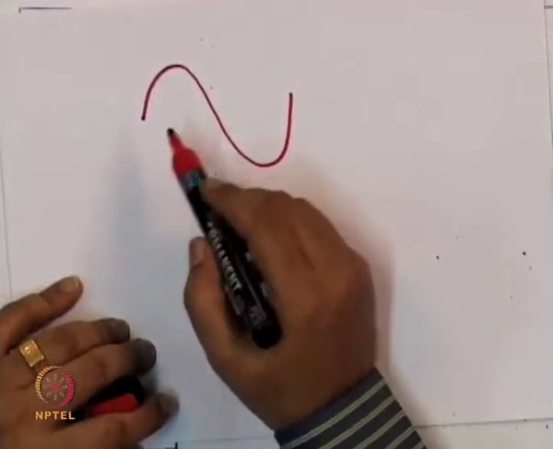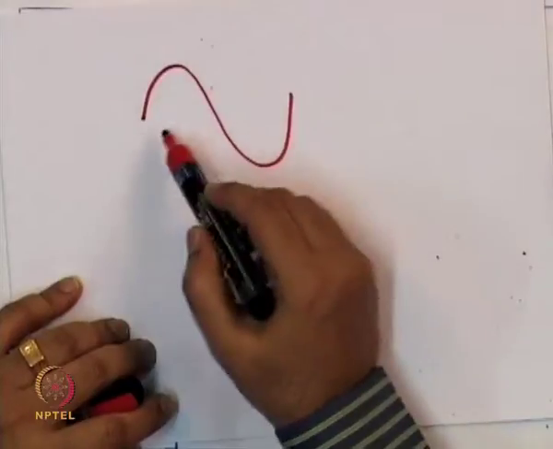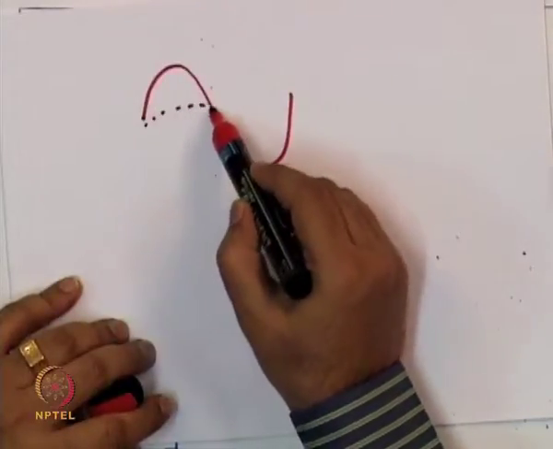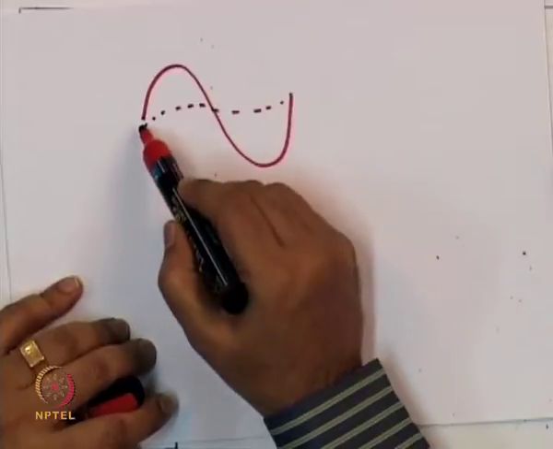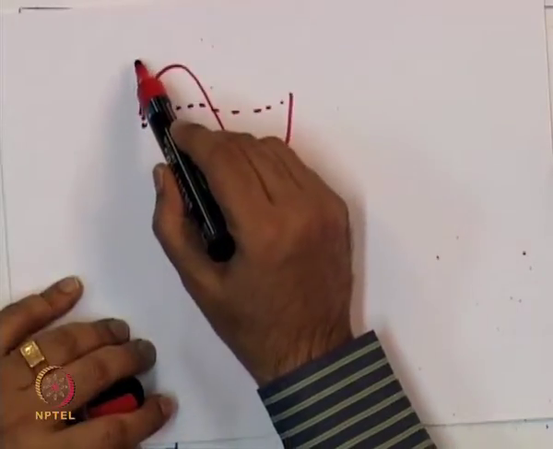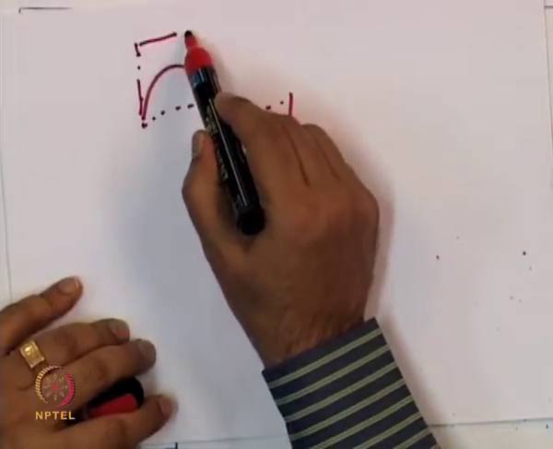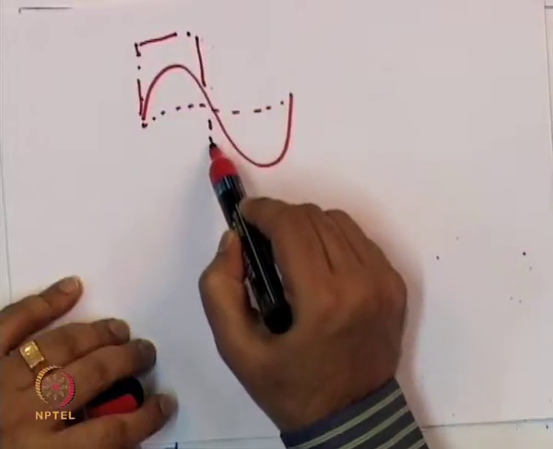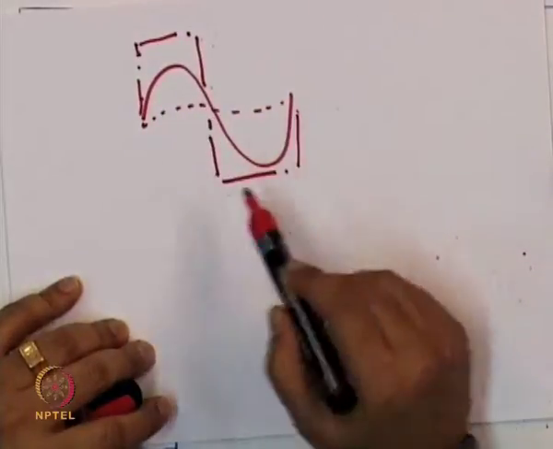In the case of a diffusion equation you expect the profile to become like this. In the case of Cahn-Hilliard, you expect the profile to become like this.